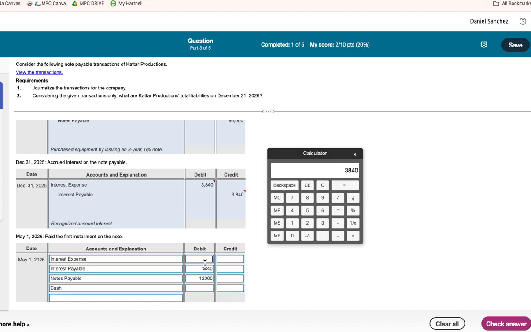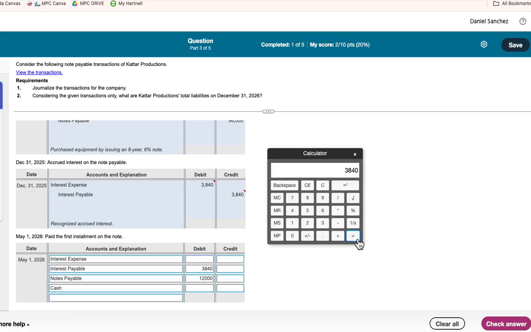And my interest expense, I now have to figure out. So I'm going to take my original value of $96,000, and I'm going to multiply that times 0.08.